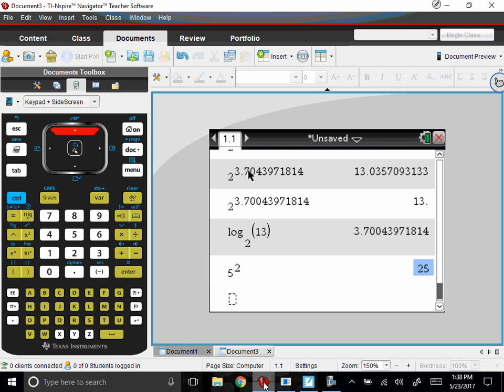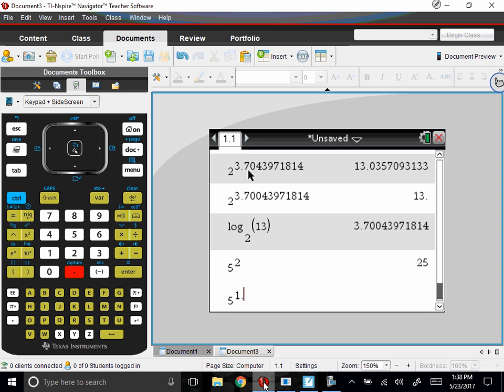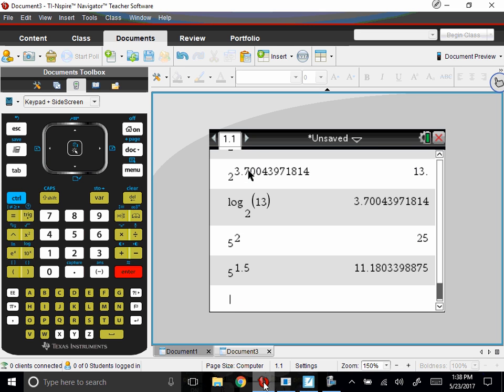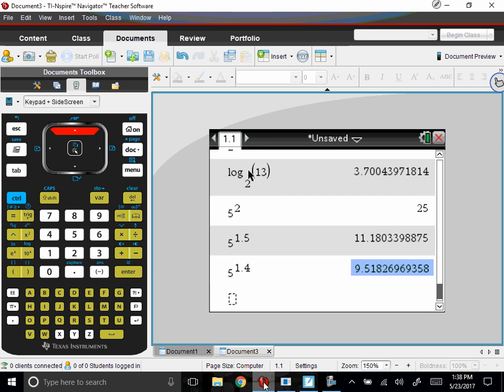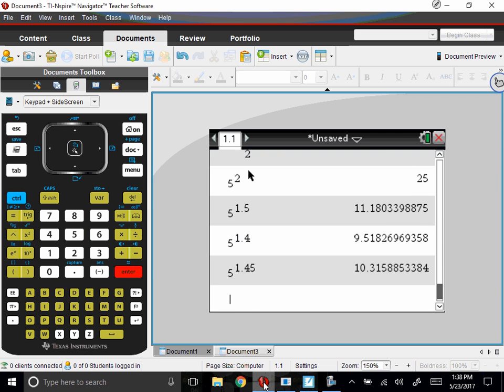My computer calculator's running real slow today. 5 to the 1.5 is 11. So my answer is a little smaller than 1.5. Well, it's between 1.4 and 1.5.